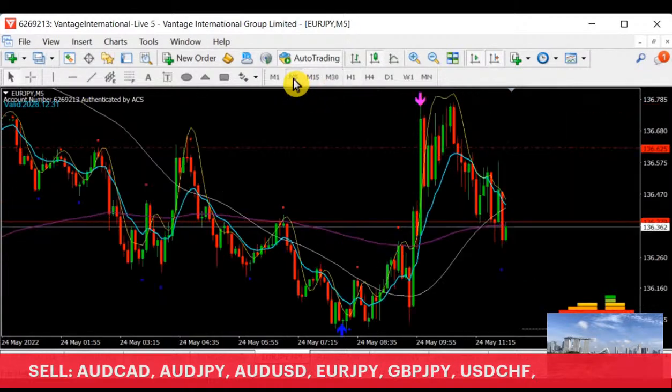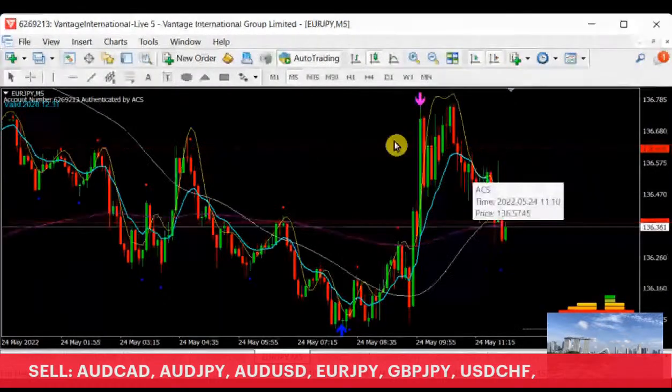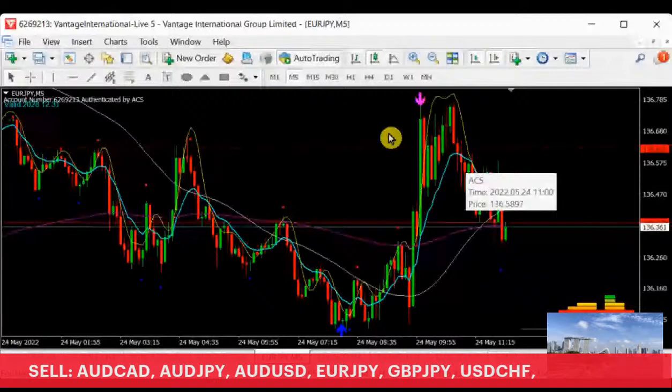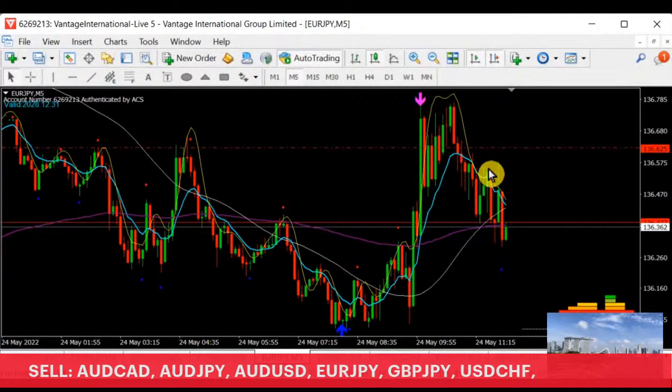If you still remember, it rejected, came back, retested, and came down slowly. This part here is a high, coming down, lower resistance, and coming down again. It's another lower resistance. All these lower resistances are always a chance for us to sell.